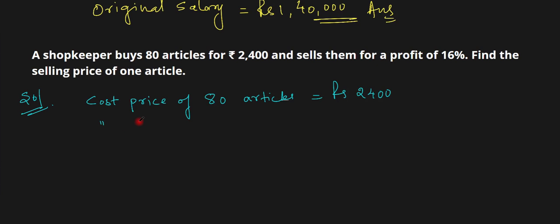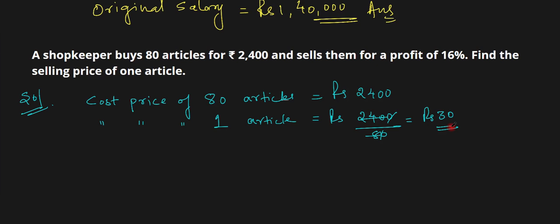So the cost price, or you can say CP, of one article is equal to rupees 2,400 divided by 80. 8 threes are 24, that is 30 rupees. That means 30 rupees is the cost of one article.